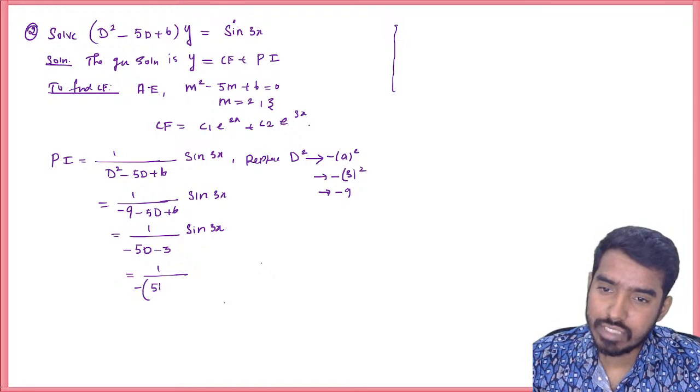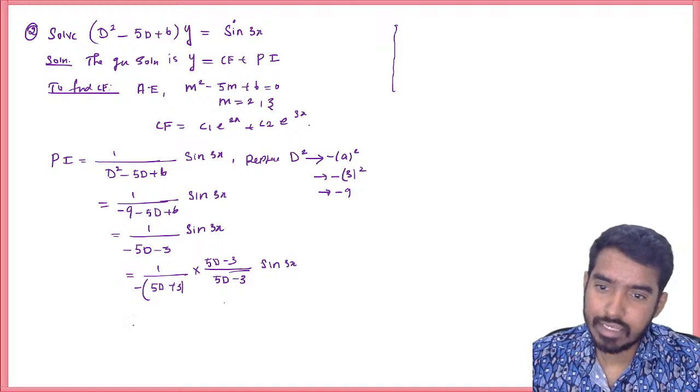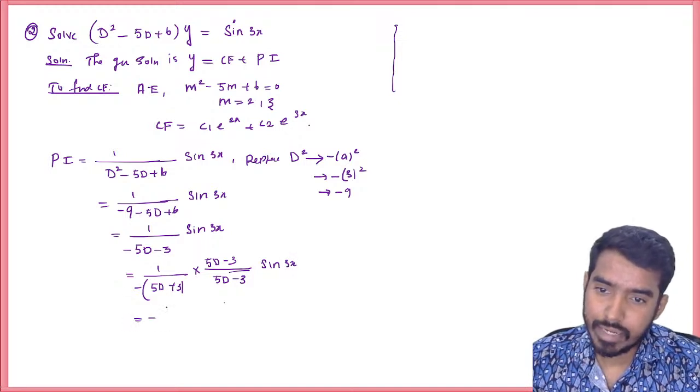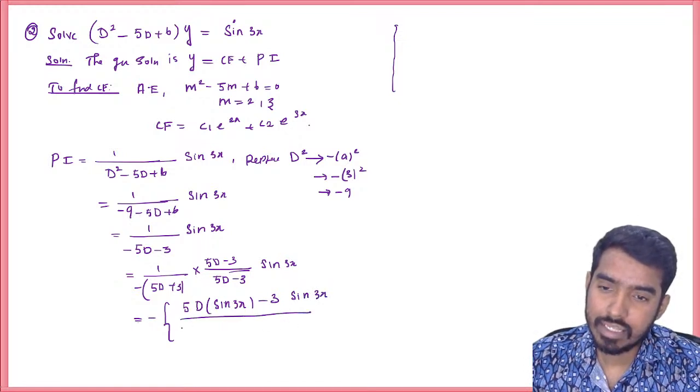It is minus outside. So we will have 5D plus 3 multiplied by its conjugate, 5D minus 3, sin 3x. The minus stays outside as it is. So 5 times differentiation of sin 3x minus 3 times sin 3x divided by, a plus b, a minus b, right?